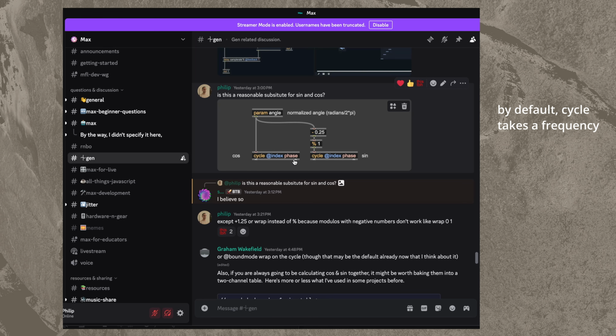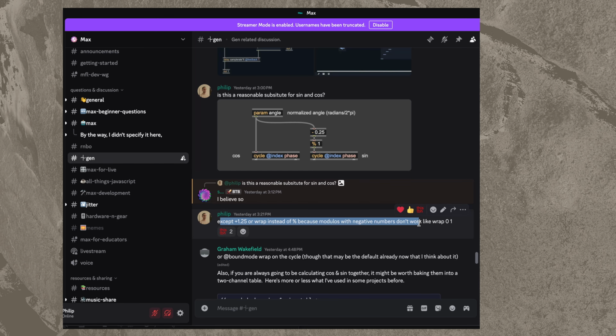And then I was thinking, you could make sine by just doing a phase shift of 90 degrees, or 0.25, and then wrapping that within the range of 0 to 1. This is actually not correct because the modulo here doesn't behave on negative numbers the way that the wrap operator does.